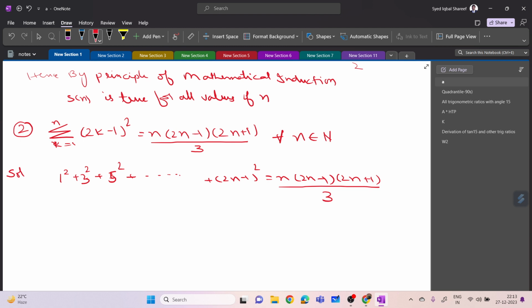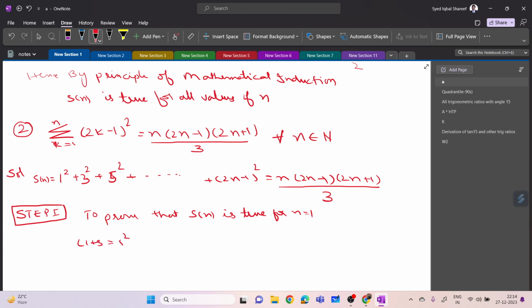Okay. Now step number 1. What is step number 1? n equal to 1. To prove this, we are calling it S of n. To prove that S of n is true for n equal to 1. So left hand side, 1 square is 1. Some teachers take this number also and take it equal to 1.